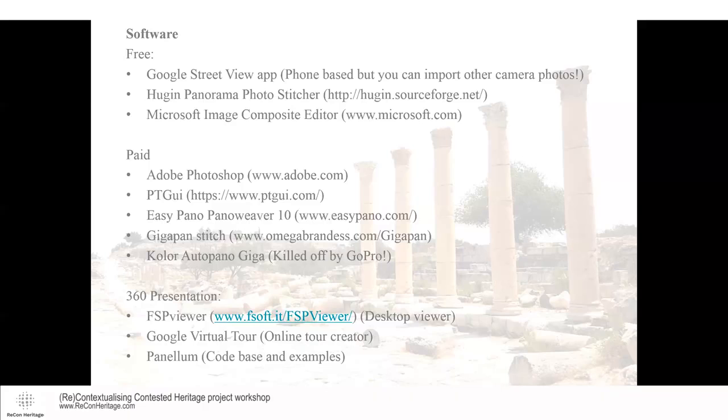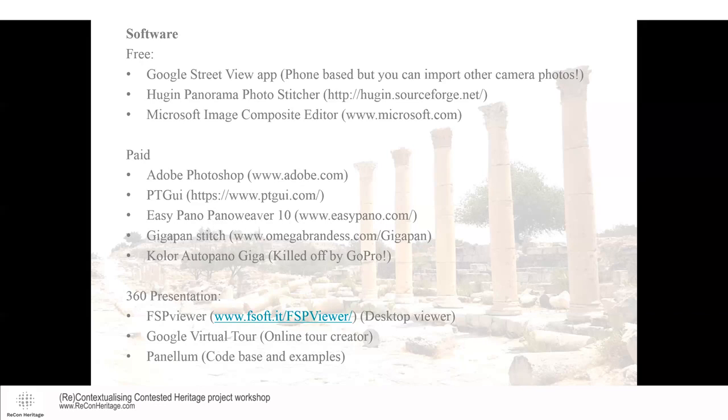Alternatively, there is some paid software. Photoshop has some built-in ability to stitch together panoramas. There are tutorials on YouTube that are probably better to watch for that. PTGui is a really good piece of software, about $100 odd, and builds tours really well. The one I've used a lot is called Autopano Giga.